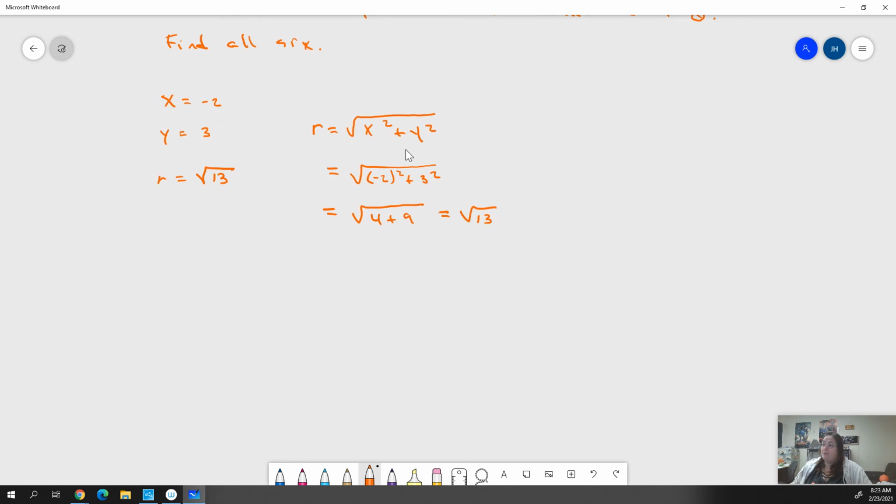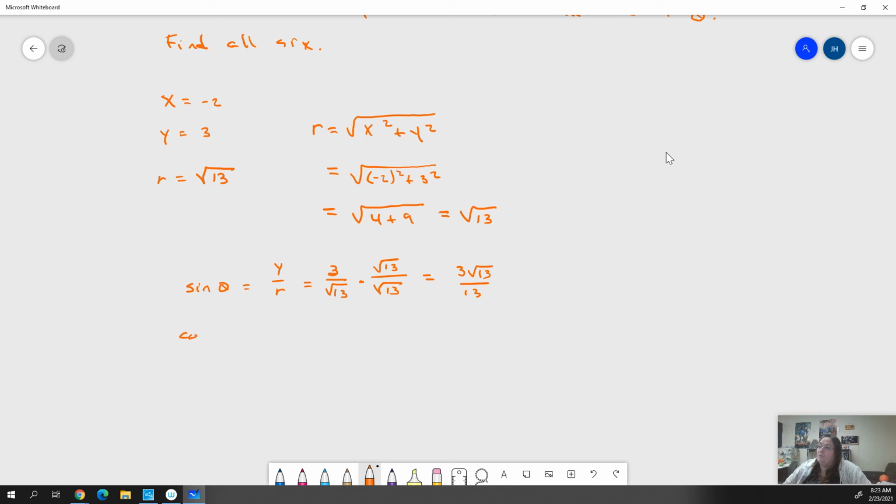But when we have a problem like this, when I go to do my sine of theta, that's y over r, which is 3 over the square root of 13. You're going to have to rationalize that denominator, right? And so we're going to have 3 radical 13 over 13.